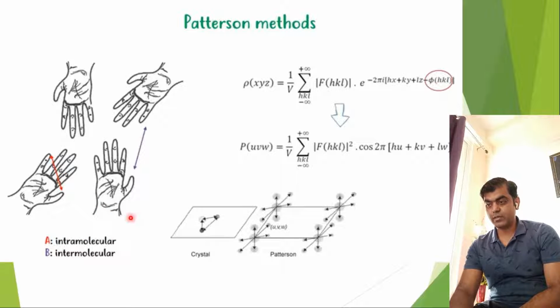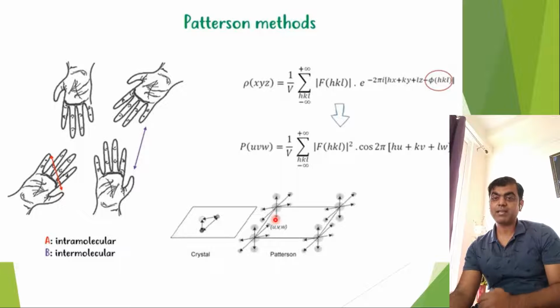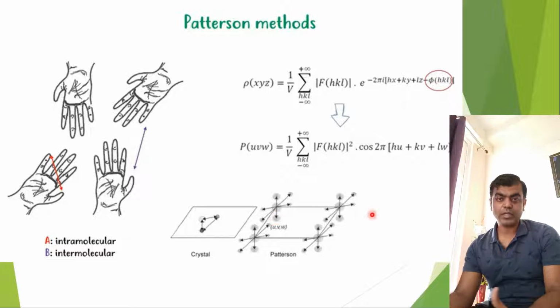Now in this crystal, you see this is only one plane, XYZ we were talking of. But when you talk of UVW, the changes with respect to all the angles have been taken care of, and that is why this will give us a better understanding of the orientation, in terms of rotation and translation, both.